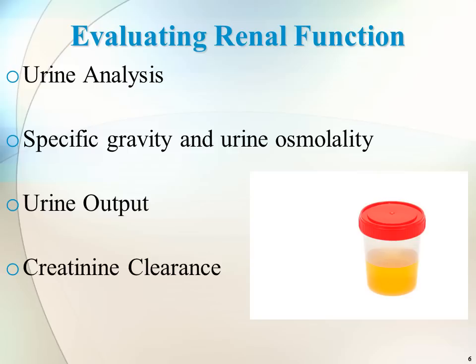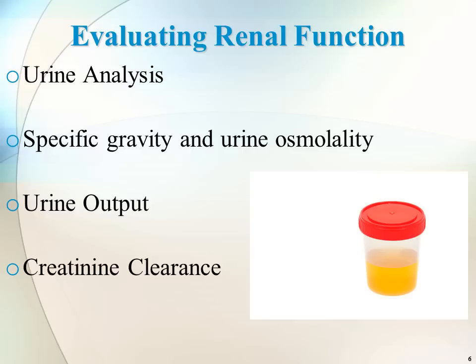So the amount of creatinine in the blood tells us a lot about kidney function. Creatinine clearance is defined as the amount of blood cleared of creatinine in 1 minute. So a decrease in creatinine clearance would indicate that there is a decrease in the glomerular filtration rate. And so creatinine clearance is a urine test.